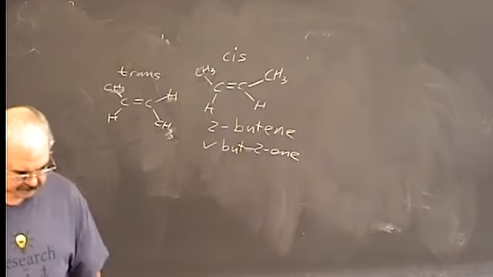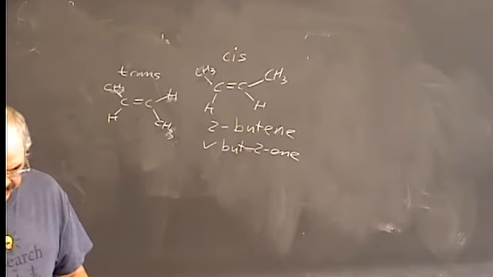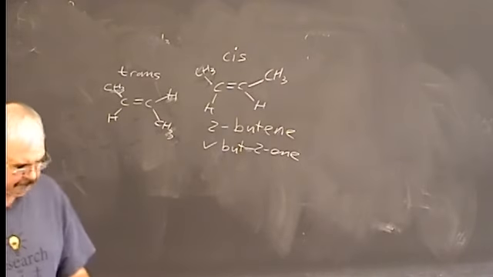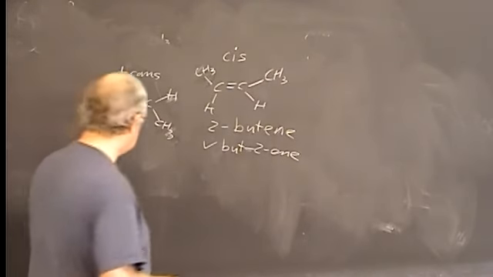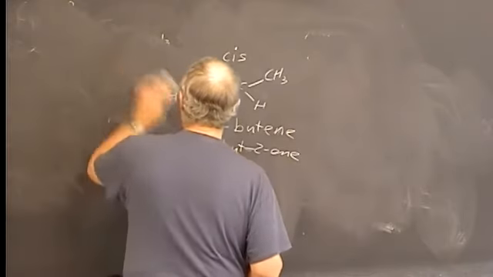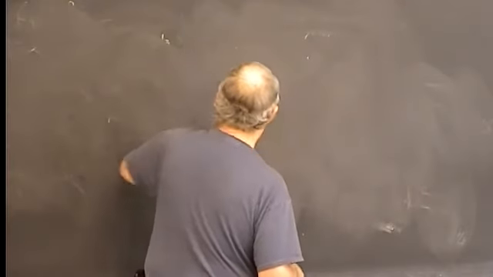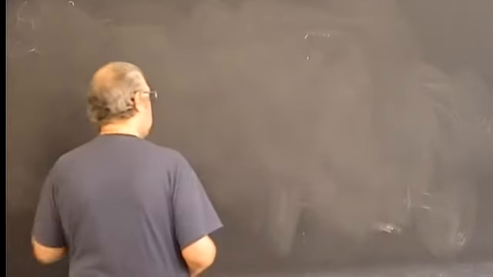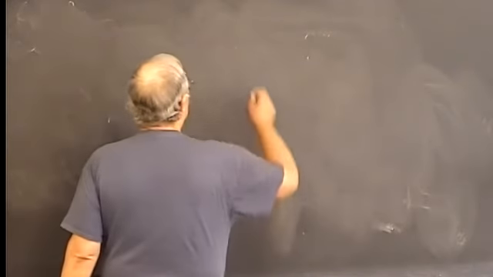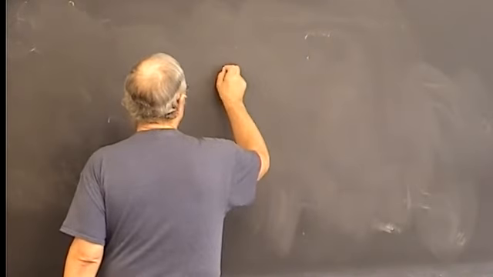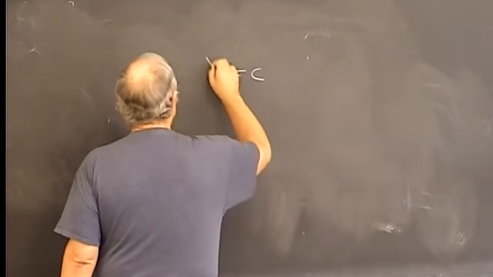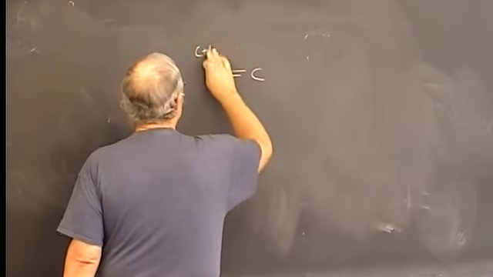All right, next we're going to look at 1-bromo, 1-chloro, 1-propene. Okay, propane is 3 carbons.